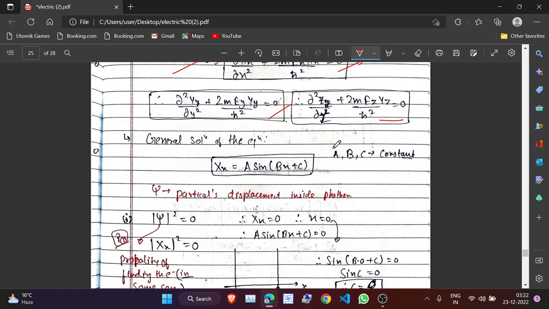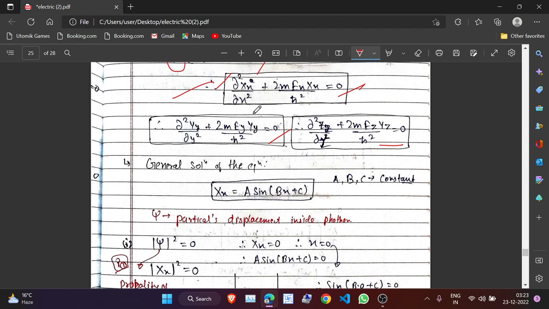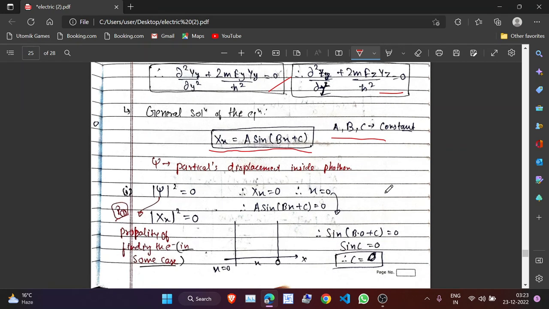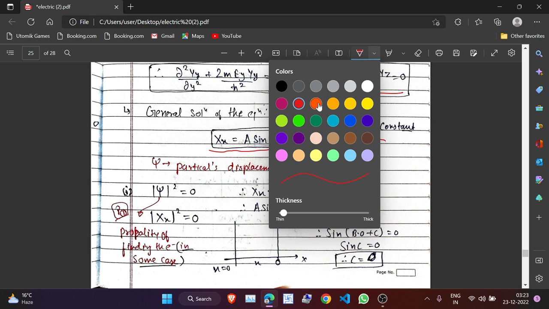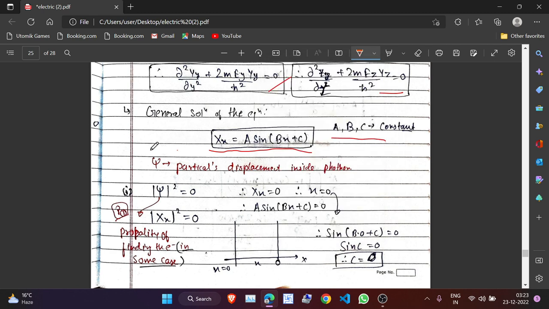So we can write a general solution for this equation: psi x is equal to a sine bx plus c, where a, b, c are constants, and here the psi represents the particle's displacement inside the box.